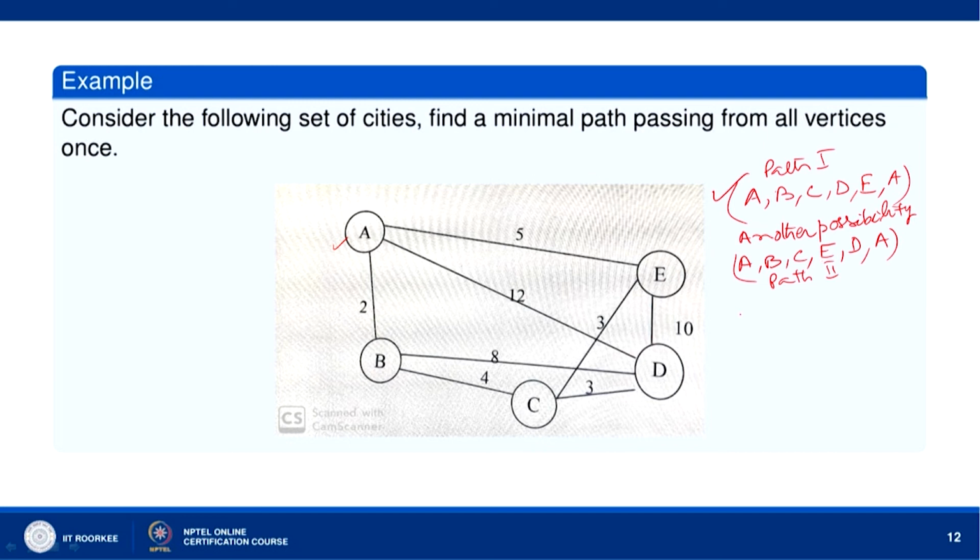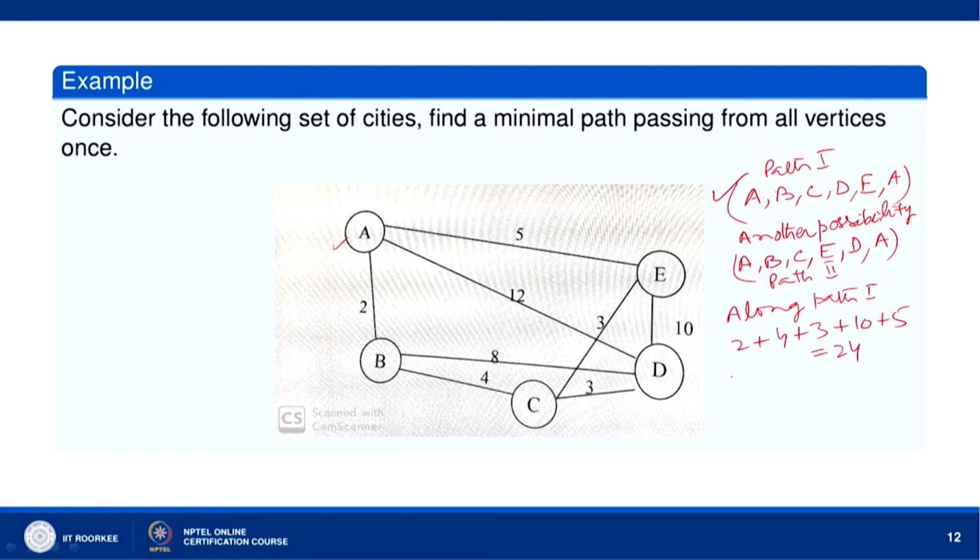So, along path 1, the sum of the weights is 2 plus 4, plus 3 plus 10 plus 5, and we get 2 plus 4 is 6, 6 plus 3 is 9, 9 plus 10 is 19, plus 5 is 24, along path 1.